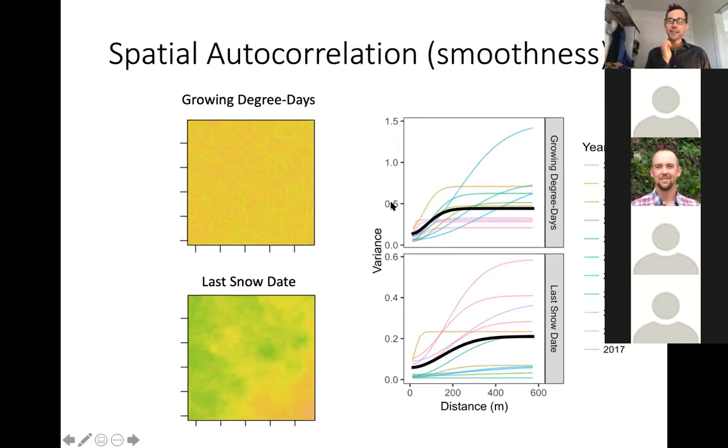What we saw qualitatively before, that this growing degree days map has a lot of variability over short distances and not as much variability across large distances, is reflected in this plot of variance against distance. If I were to throw down a bunch of points on these maps and then calculate the average variance between pairs of points at different distances from each other, then I would have the ingredients for constructing this variogram.